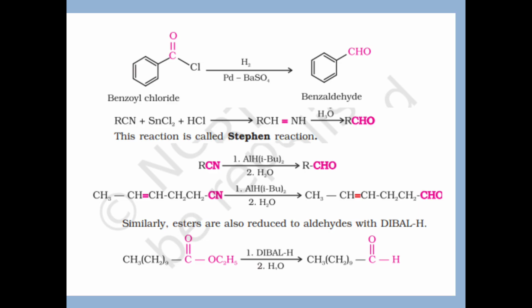If we give DIBAL-H to this nitrile group, it will form aldehyde, retaining the double bond. Similarly, esters can also be reduced with DIBAL-H or lithium aluminum hydride. If we reduce the ester with lithium aluminum hydride, it will produce alcohol as a product. If we give DIBAL-H, then the ester will be partially reduced to aldehyde.